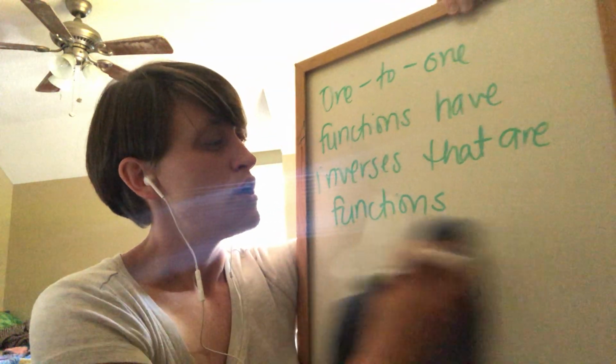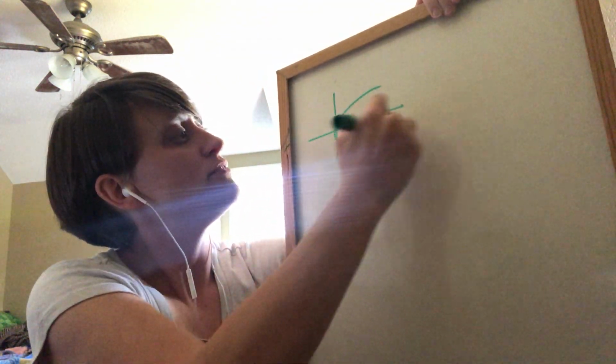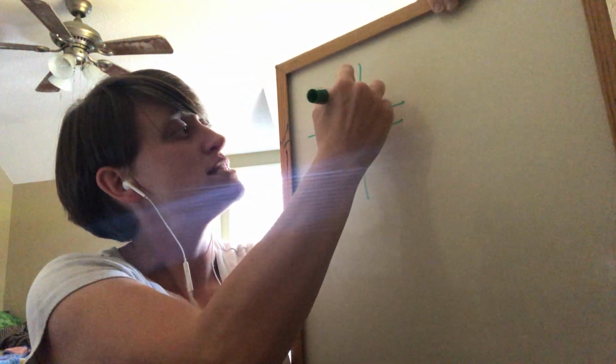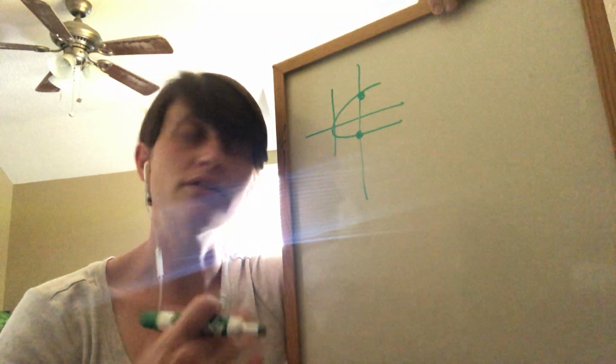Okay. So whenever we were looking at functions, we were most interested in repeating x coordinates because that's what told us if we had something that was not a function, right? We could draw a vertical line through it. That told us if we had any repeating x coordinates, that told us it was not a function.